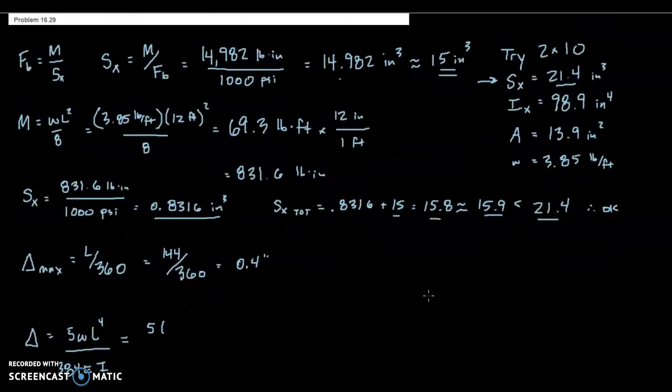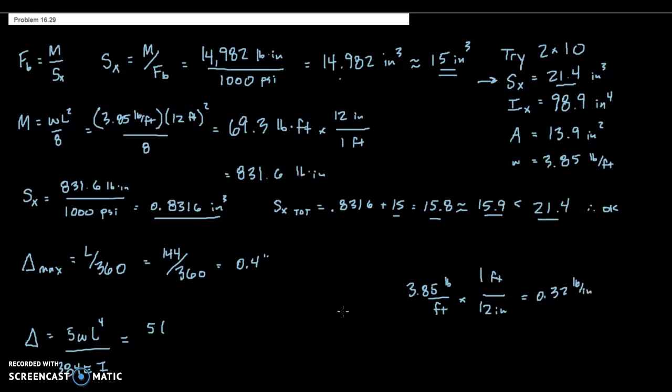If I convert that, 3.85 pounds per foot multiplied by, for every 1 foot, there are 12 inches. So I'm going to be dividing 3.85 by 12, and that's equal to 0.32 pounds per inch.